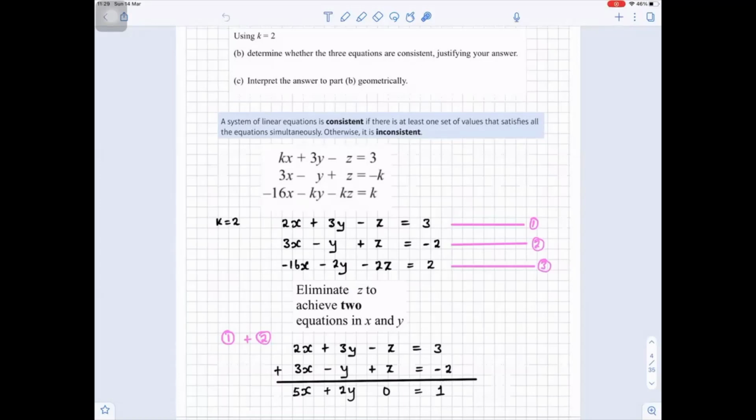To eliminate z from equations 1 and 2, because z is minus z and plus z, that one is straightforward. I picked that first because it's easier. You just add them. When you add minus z plus z, z will become 0. So you add equations 1 and 2: 2x plus 3x is 5x, 3y plus minus y is 2y, minus z plus z is 0, and 3 plus minus 2 is 1. So that's one of your equations.